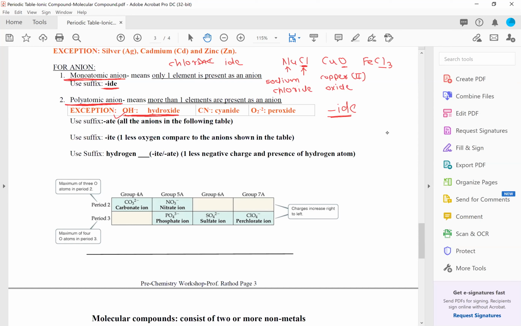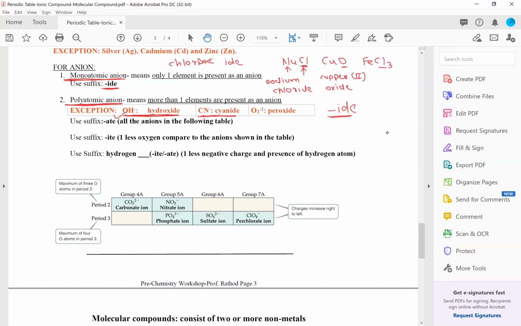When you put them together, hydroxide, right? That's the way you can remember. OH minus means hydroxide. The same way, there is one more, which is CN minus. When there is a carbon attached with the nitrogen and there is a negative charge, it means they are both together acting as an anion. We call it cyanide. CN minus is called cyanide.